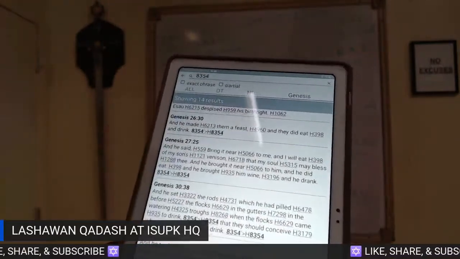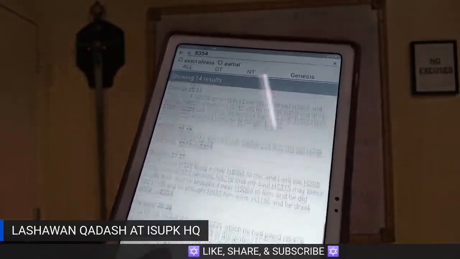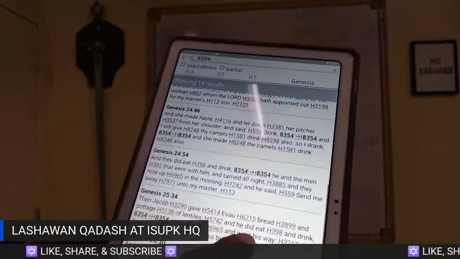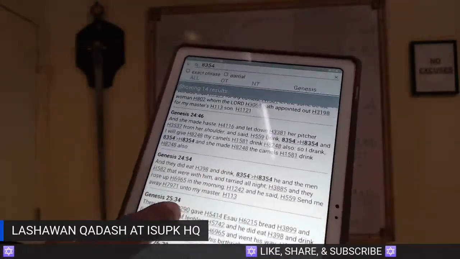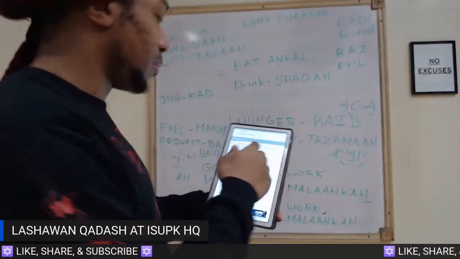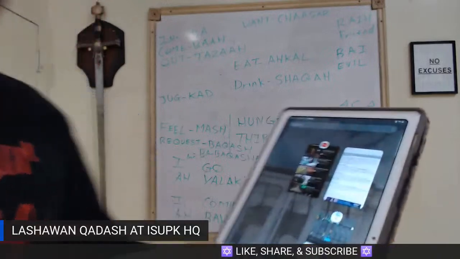So there's no Shatha outside of Genesis. Drinketh, drank, drink. He did eat and drink and rose up. The partridge and lentils, Esau and Jacob. They did eat. So Shatha only comes up in the book of Genesis.